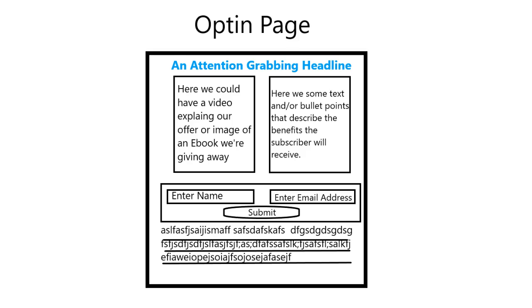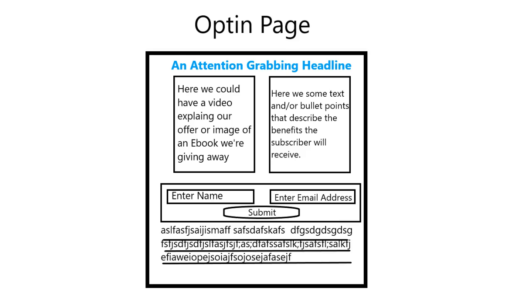Now, we call this free report or video a lead magnet. And I mean, the meaning's kind of obvious. It's something that we use to entice a lead to give us their information, and draw them to the information on the page and draw them into submitting their information.